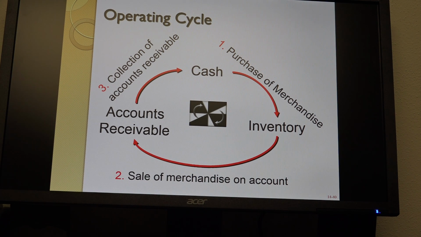You have cash that you turn into inventory. You want that inventory to be turned into a receivable. You want that receivable to be turned back into cash. So the more times per year you can do that, the better. You want your operating cycle to be speedy, not slow.